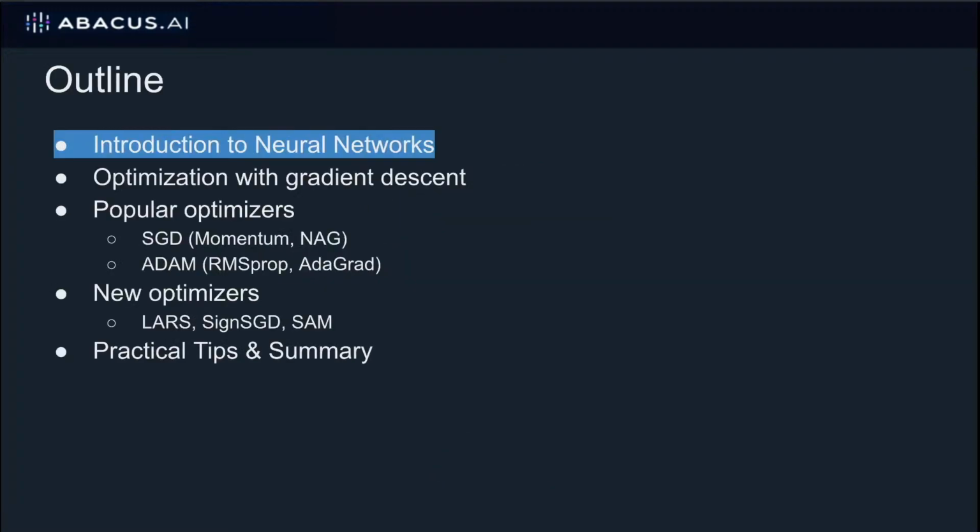The scope of today's talk is first-order optimization methods for artificial neural networks. I will first do a brief introduction to neural networks and how to train them with gradient descent. Then, I will talk about variants of two very popular optimizers, namely stochastic gradient descent and ADA.